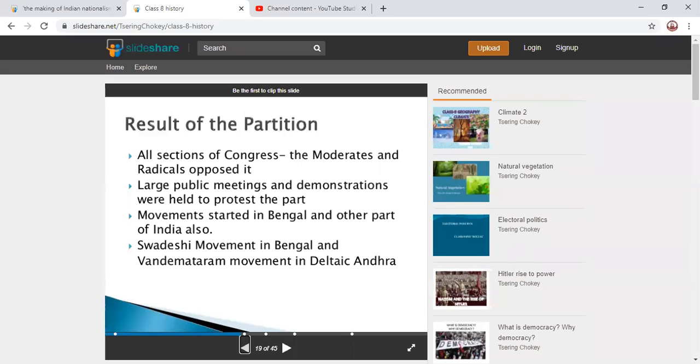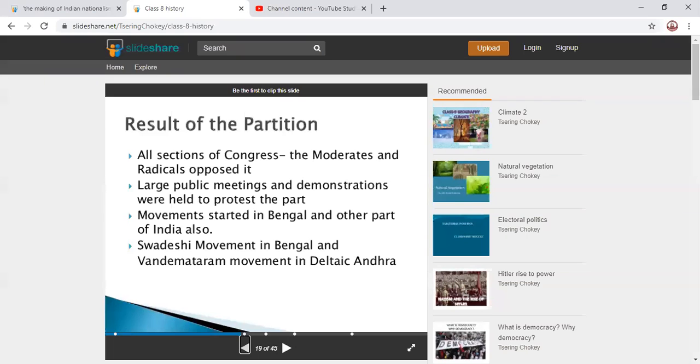At the Surat session of the Indian National Congress held in 1907, a split occurred between the moderates and the radicals. They came together again at the Lucknow session of 1916. Note this down: the moderates and radicals split into two parts in the Congress in 1907.